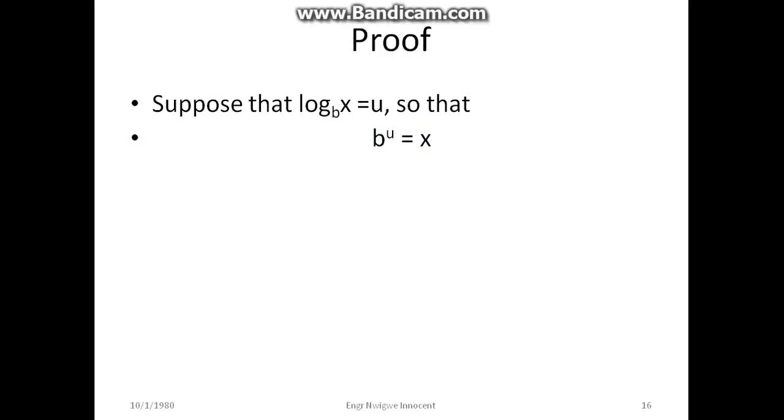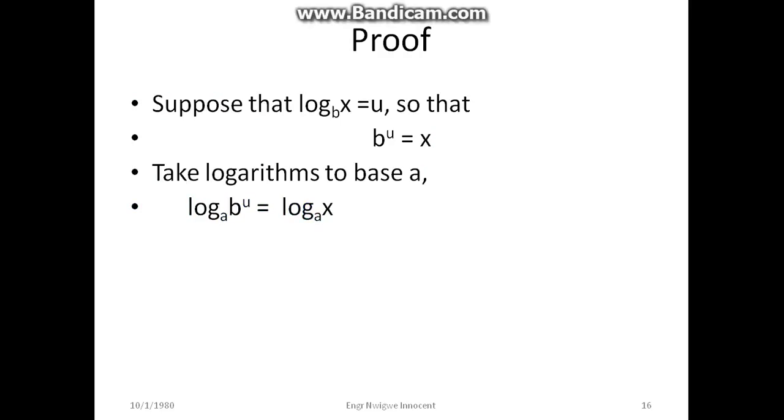Proof. Suppose that log x to the base b is equal to u, so that b raised to power u is equal to x. Take logarithm to base a: log b raised to power u to the base a is equal to log x to the base a.